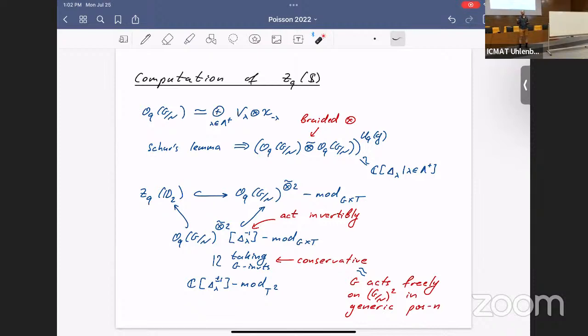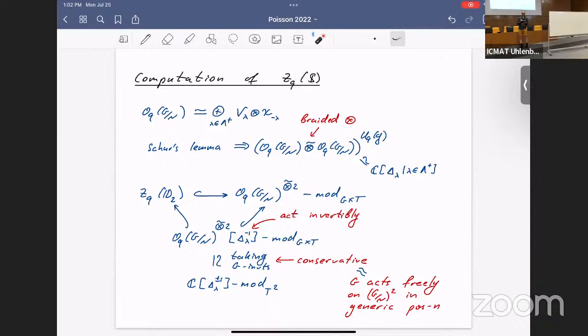Which is labeled by just dominant weights. And this statement is really the same as saying that if you have two framed flags in generic position, in G mod N plus and G mod N minus, G acts freely, and when you mod out these flags in generic position, G mod N plus cross G mod N minus mod G, you just have a torus. So that's really the quantum version of the statement.